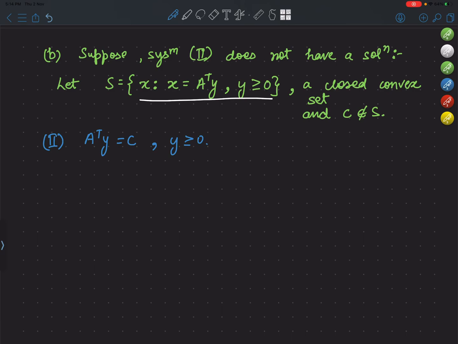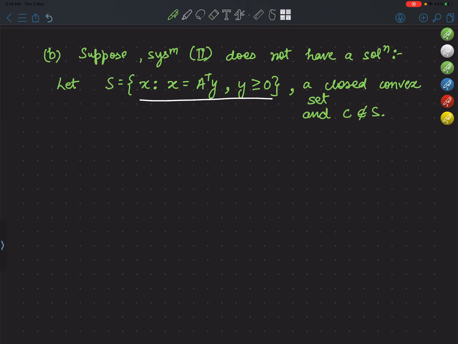So what we are saying is that A transpose y, let it be a set such that y is greater than or equal to 0, and C does not belong to that set. So this is how we say that the second system does not have a solution. That's what we want to say. I hope that is clear.